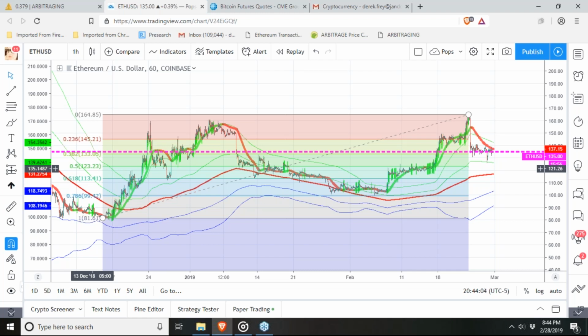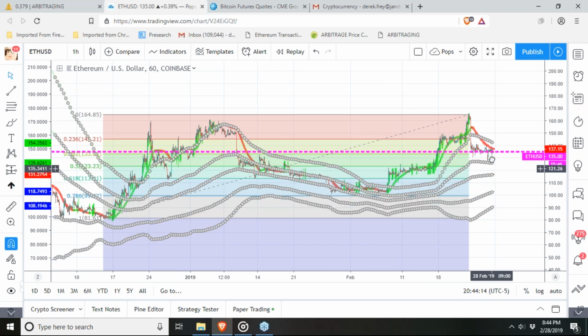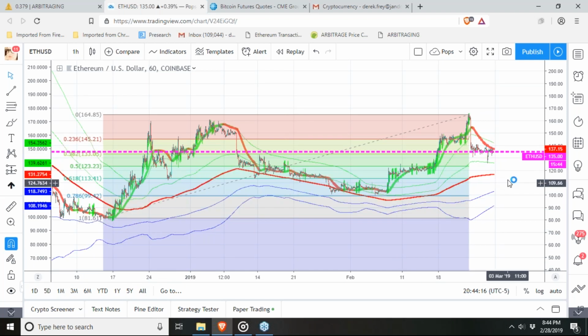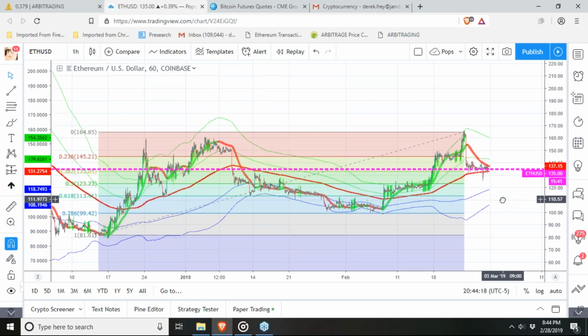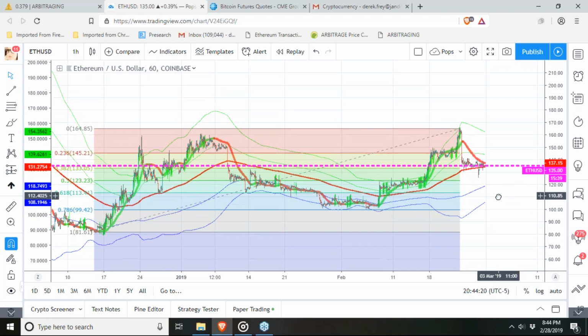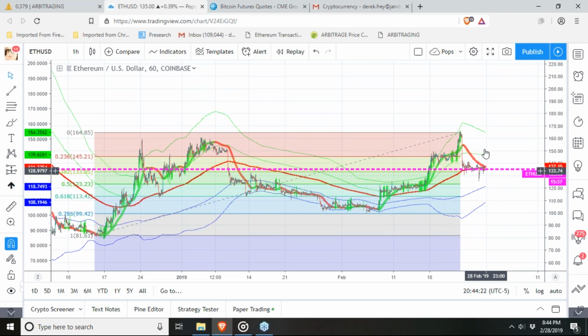Now you're trading risk-free, and then you can let it ride, like you were saying. If you want to use that second target, like you were saying up here, then fine, because you no longer have any risk on the trade. You can hang on to it as long as it goes.